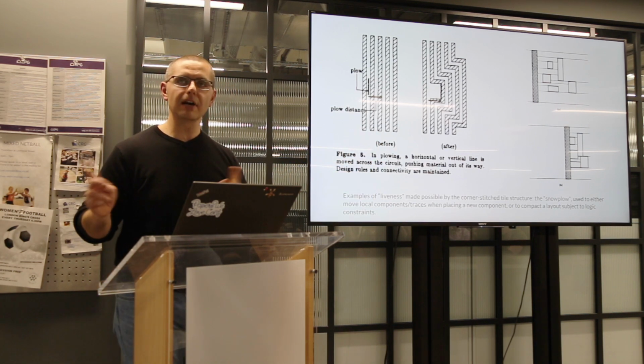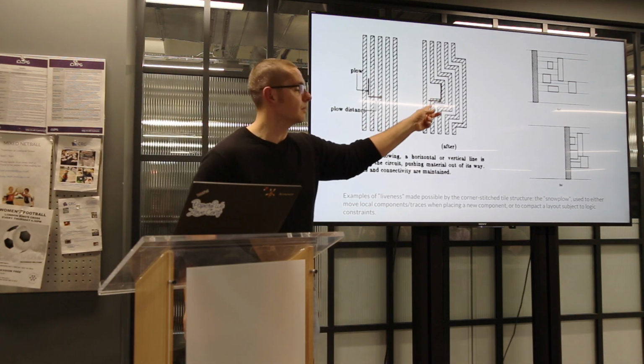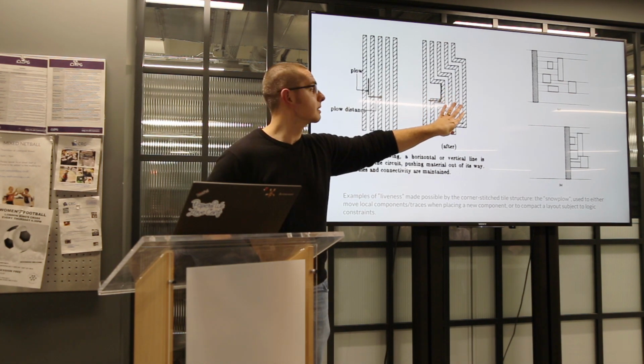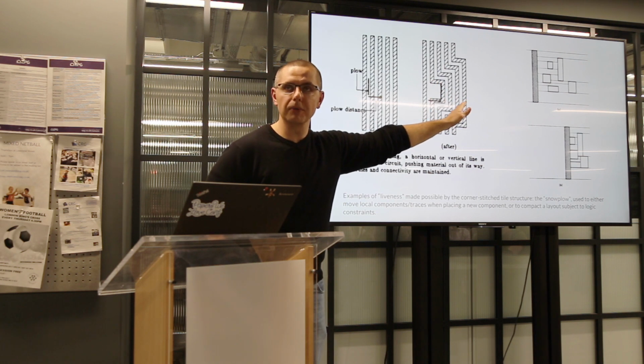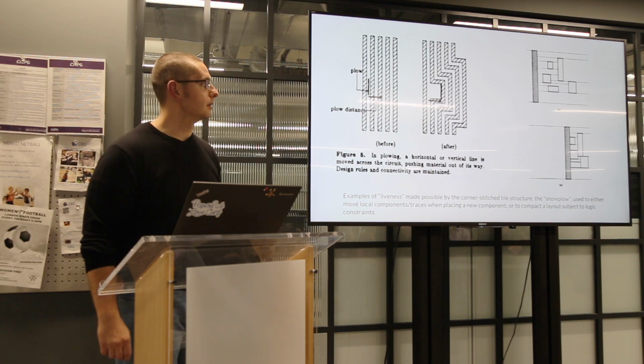Because of the locality of reference between each of the tiles within your mosaic, it's very cheap, actually linear to the local size of the affected components, to adjust them appropriately in this case. And then you have a hole that you can drop your component down into.